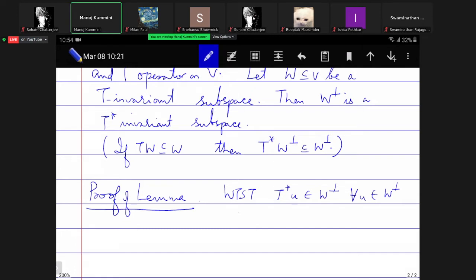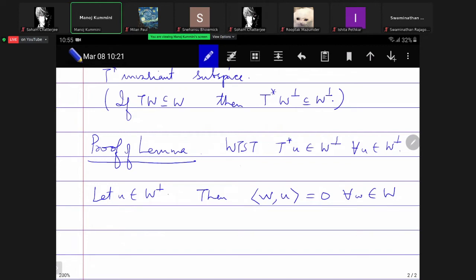U such that the product of U and little W is 0 for every little W in W. So let U be inside W perp. Then this is 0 for all little W inside W. That's by definition, right? So we want to show that T star U is 0 for all W inside W. That's what we need to show.